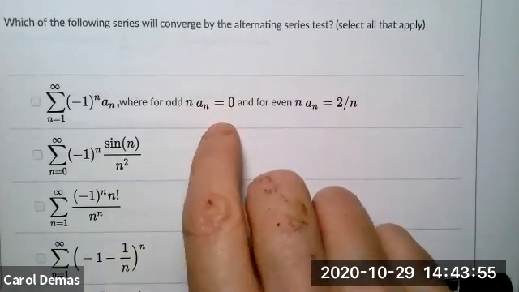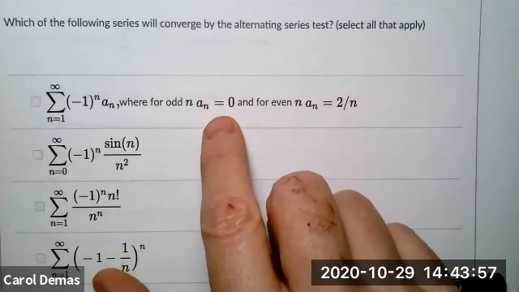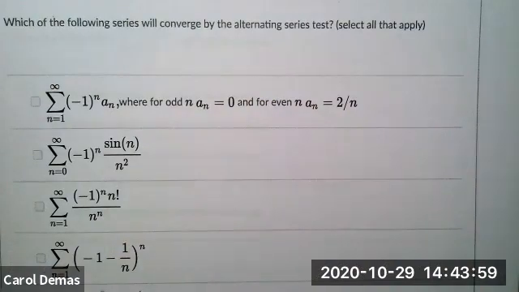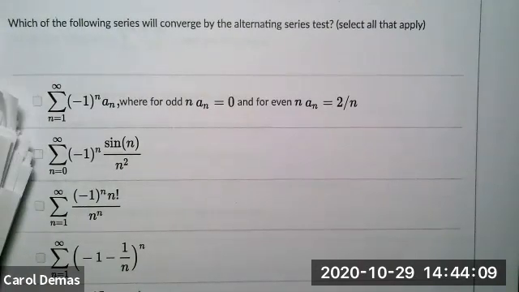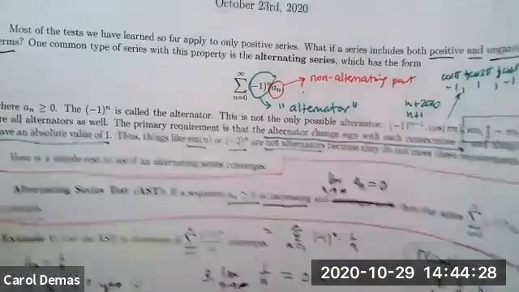Can we use 0 terms in the alternating series test? Anybody remember? What are the conditions for the alternating series test? Positive, decreasing, and the limit has to be 0. Greater than or equal to 0 and decreasing. You'll need to know all these conditions.